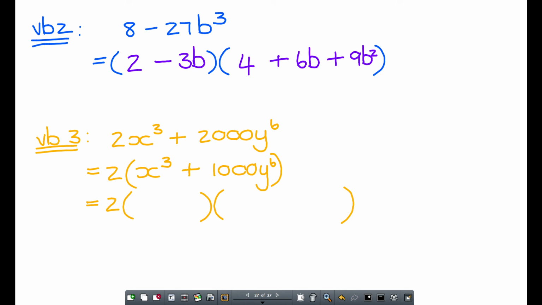Okay, good. So signs. I will have a plus, which means that my second bracket has got to be a minus and a plus. Nee, derde magswortel van x tot die mag 3 gaan wees x. And cube root of 1000 y to the power of 6 will be 10 y to the power of hoeveel? Hoeveel? 2. Hoekom? Kyk gou hierso.